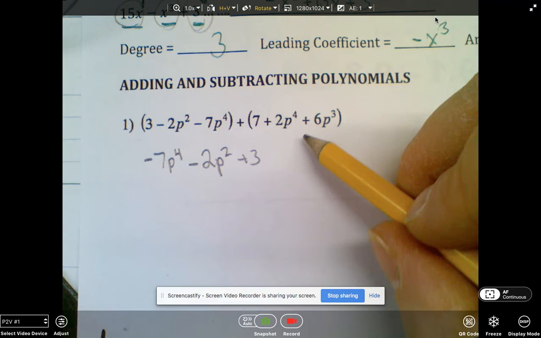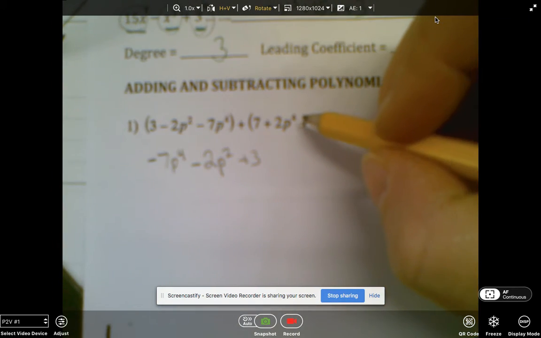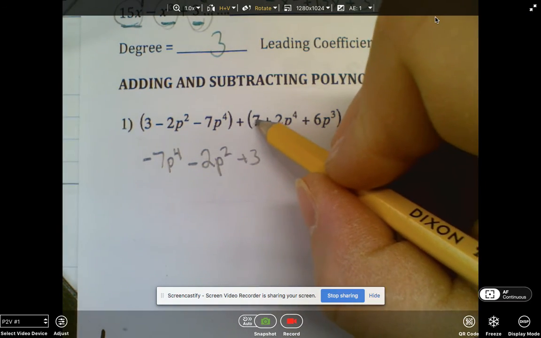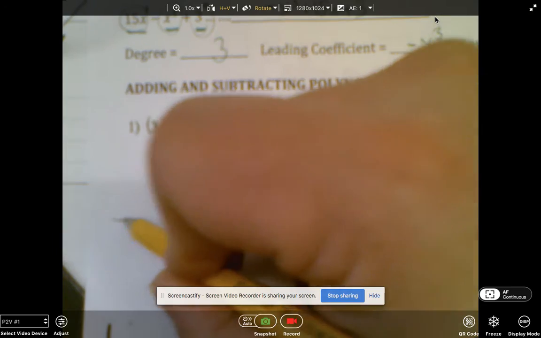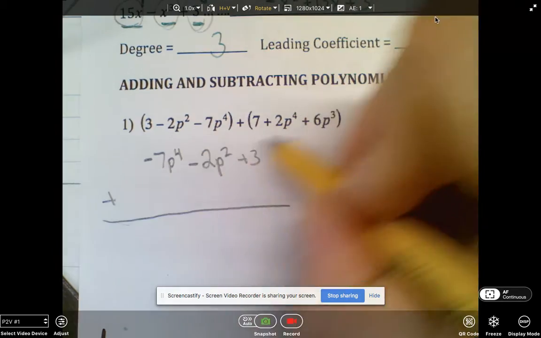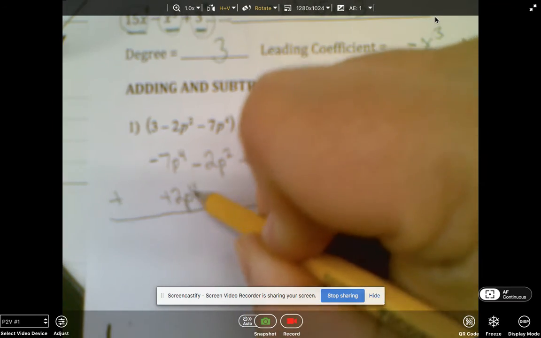Now over here, you could do addition like the vertical method. So I'm just going to line them up in order underneath, like a big addition problem, if you will. So degree 4, I have plus 2p to the fourth.